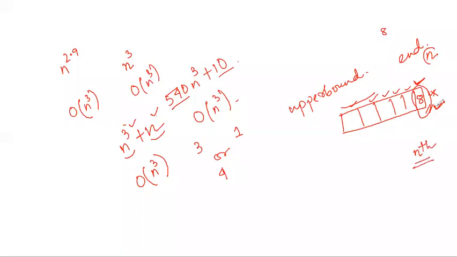So when I reach the end of my array, this gives me an upper bound. That means upper bound is how far the algorithm could go in the worst case. So that is the last possible scenario. So big O notation gives us an upper bound or worst case scenario for any algorithm.